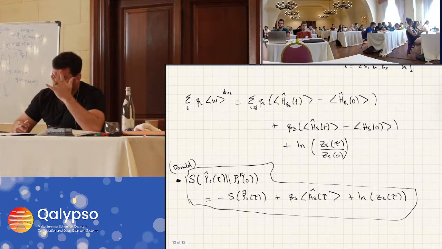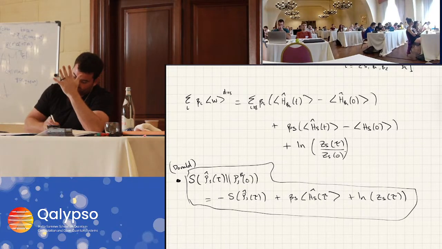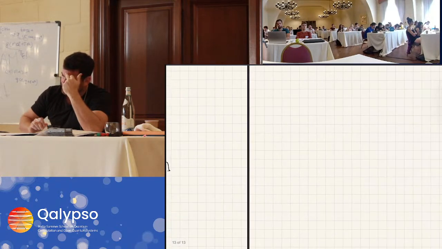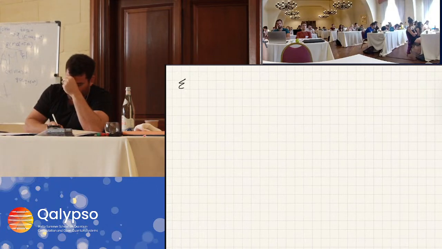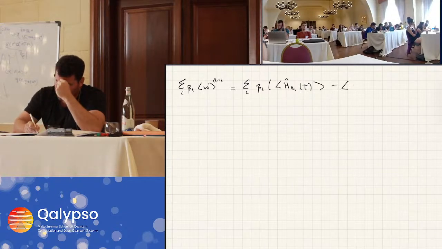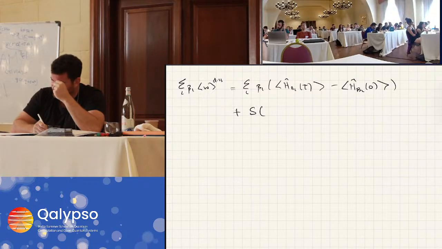So now let's just put that in here, okay? What does it become? It becomes: the sum over L of beta_L W is equal to the sum over L of beta_L, H_BL(tau) minus H_BL(0), plus this term, the relative entropy of rho_S(tau) with the initial thermal state.